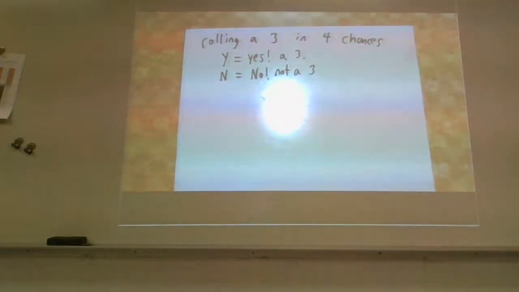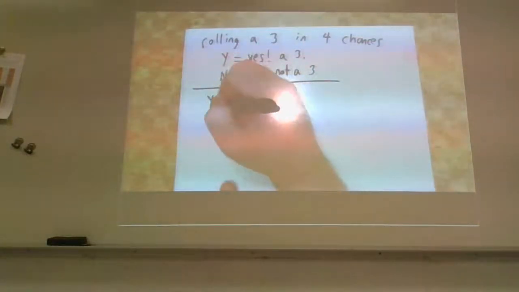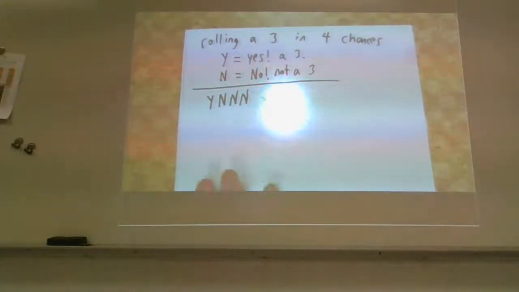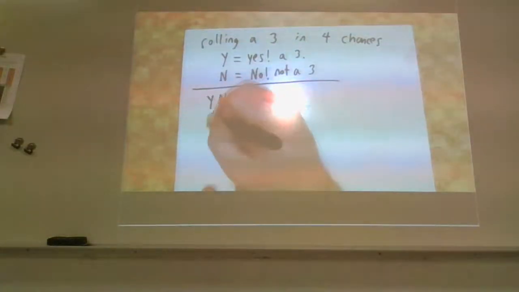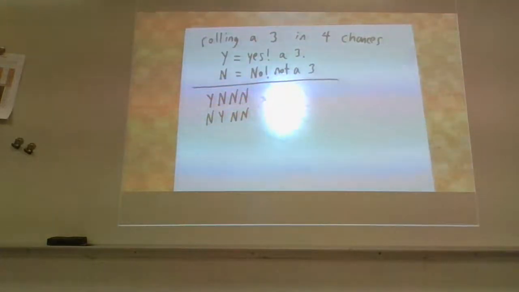So when I roll that die, it may be a possibility of getting, yes, a 3, but then a no the rest of the way. But that's only getting it on the first roll. I could also get it on the second roll.